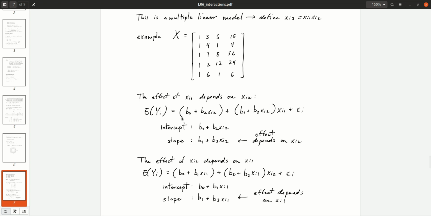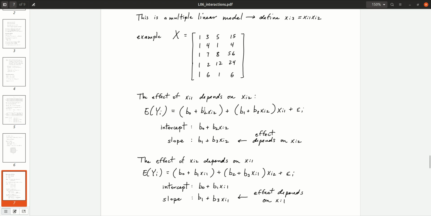If we look at those two terms, we have b0 plus b2 xi2 plus b1 plus b3 xi2 times xi1. This is the same exact formula as before, but we've just grouped the terms so we have a part that doesn't depend on xi1 and a part that does, and I've factored out everything that multiplies xi1. So we can think of this as a linear function of xi1, where this is the intercept and this is the slope. The slope would be b1 plus b3 xi2.